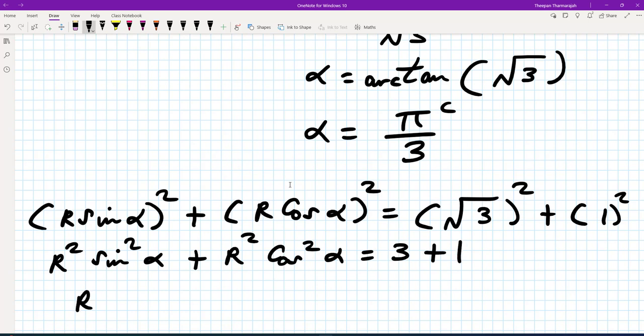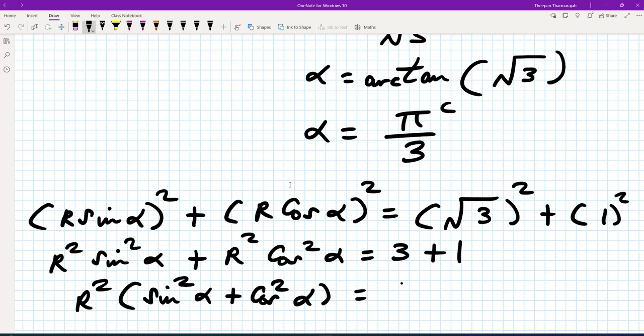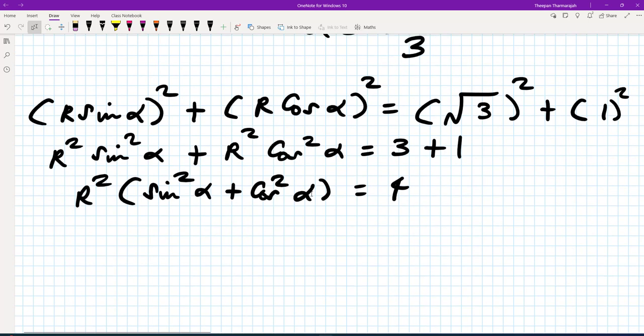So we get r squared as common factor, sine squared alpha plus cos squared alpha is equal to 4. So we can then say that sine squared alpha plus cos squared alpha is 1. So r squared on its own is equal to 4.